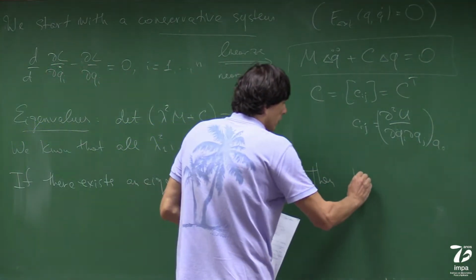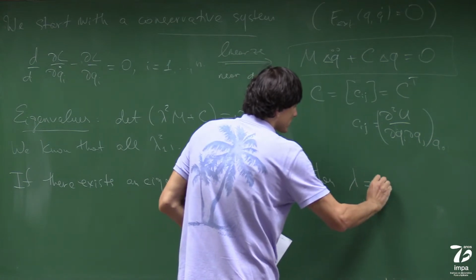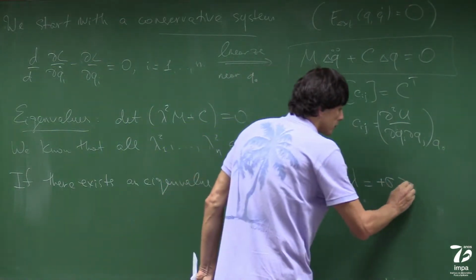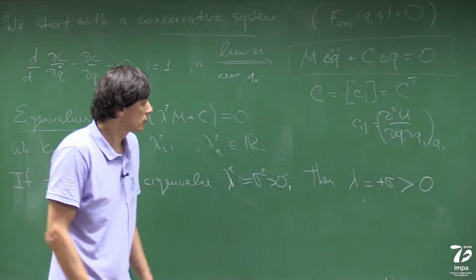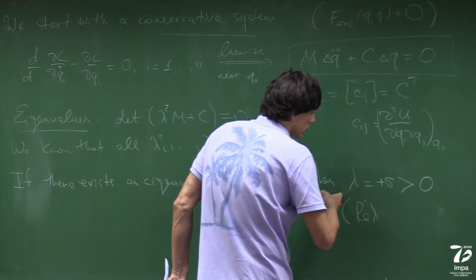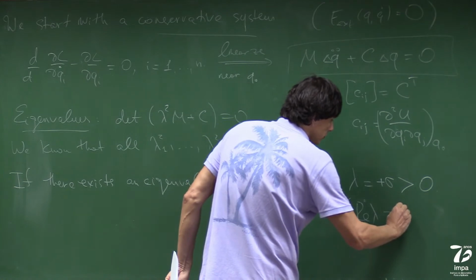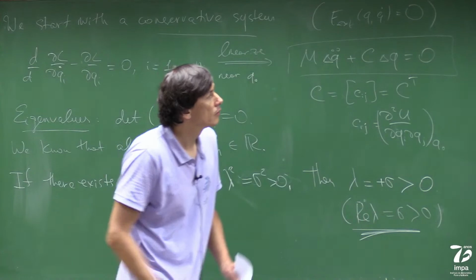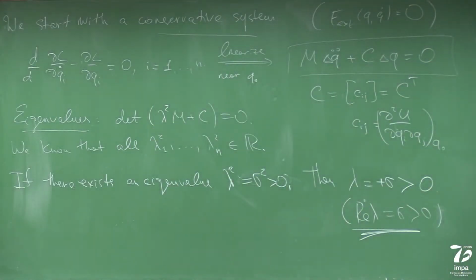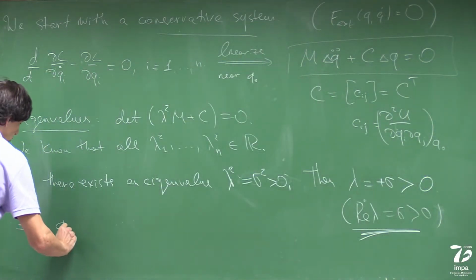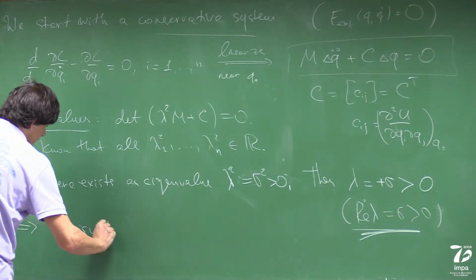Then lambda, taken with plus sigma, is bigger than 0. So real part of lambda, which is the same as sigma, is bigger than 0. And we're in this situation. Q0 is unstable.